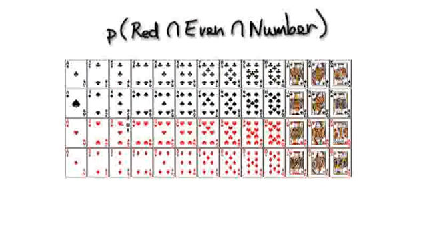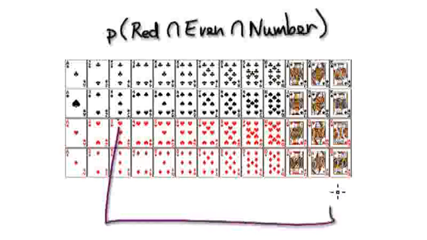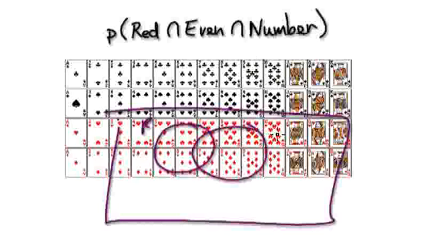So draw the Venn diagram to represent this. Your Venn diagram will look something like this. This is the whole population here. Let's say this represents red, this represents the even, and this represents the number cards. So this segment here is our answer.